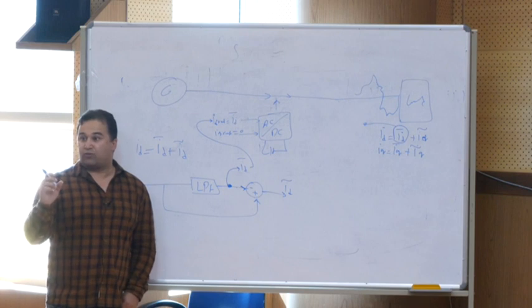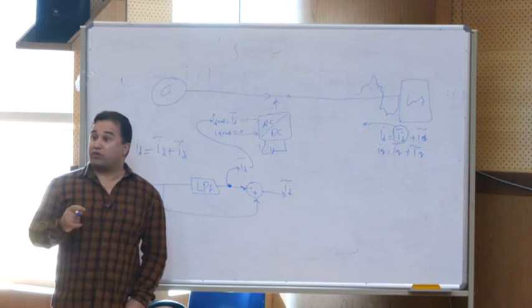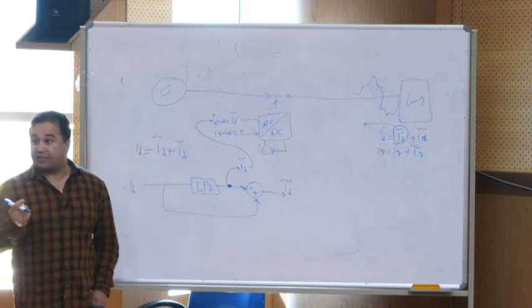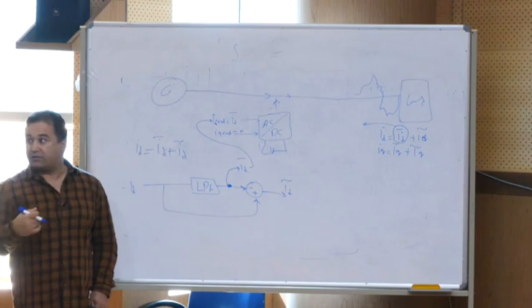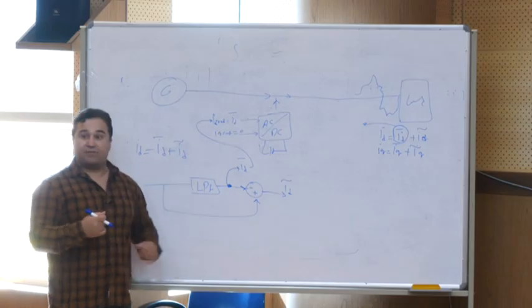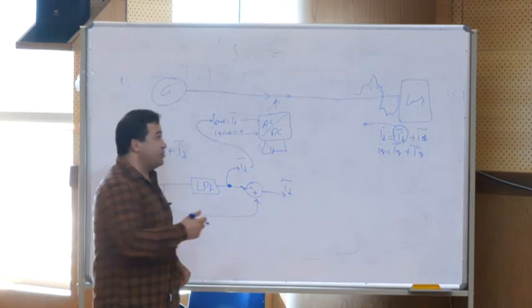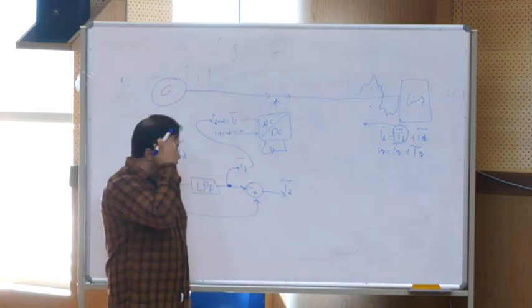We are not allowed to provide the harmonic, because if we provide the harmonic for the grid, in fact we inject the disturbance to the grid. Okay? So we inject just the active power, and just we compensate the active power of the load. That's all.